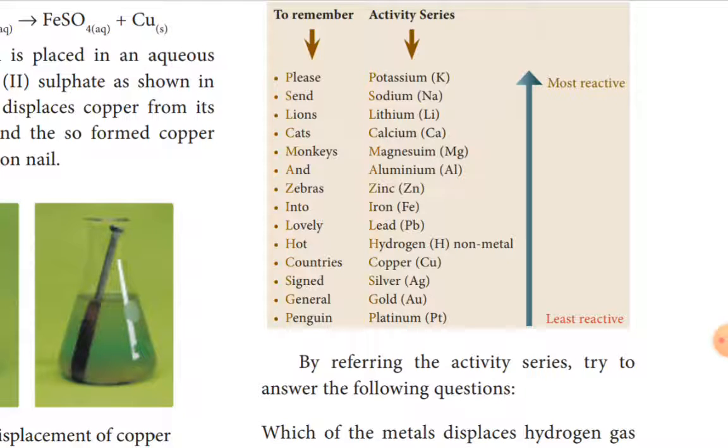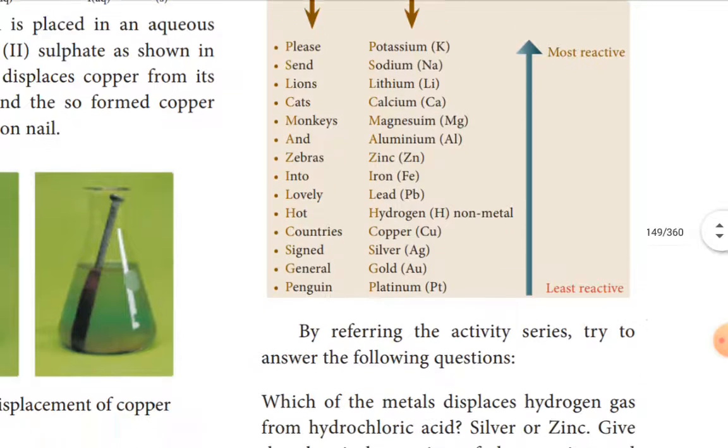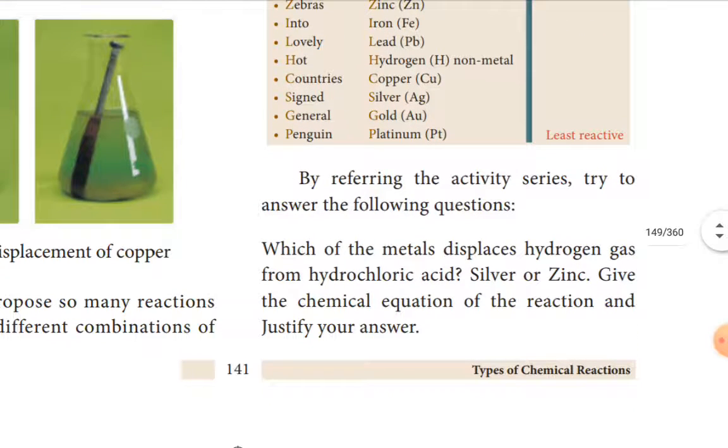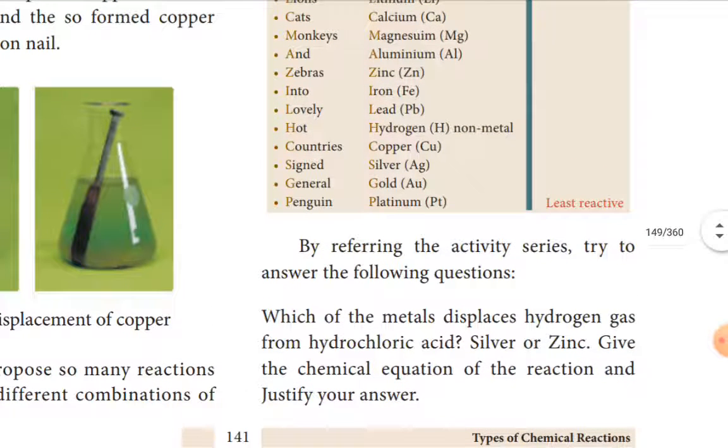Next, see, which of the metals displaces hydrogen gas from hydrochloric acid, silver or zinc? From this reactivity order you can understand. See here that zinc only can displace hydrogen from hydrochloric acid, because zinc is more reactive than hydrogen.